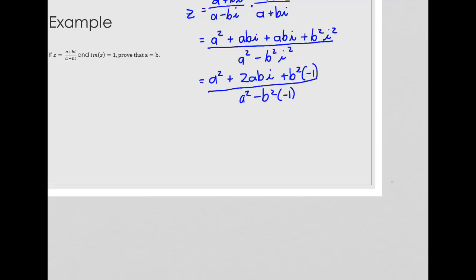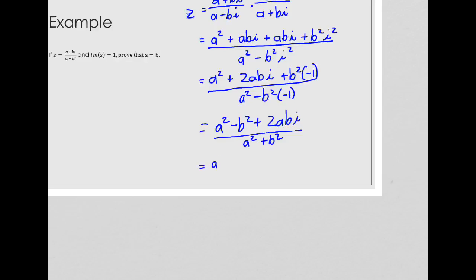Now this all simplifies to a squared minus b squared plus 2abi all over a squared plus b squared. And from this, I can split up the real part from the imaginary part.